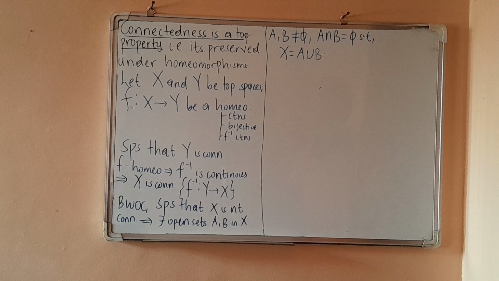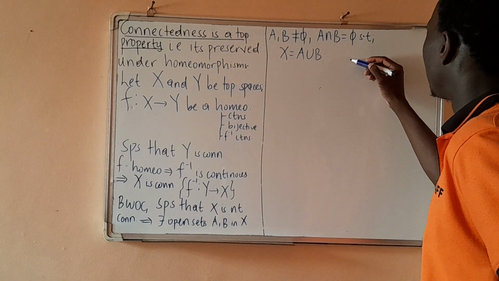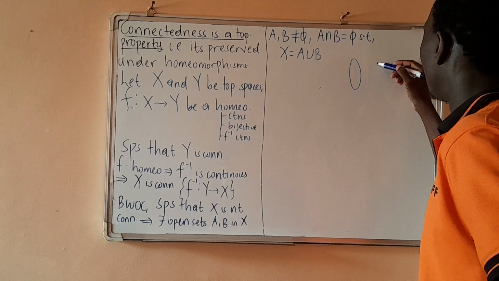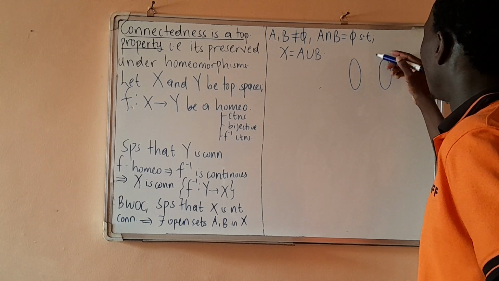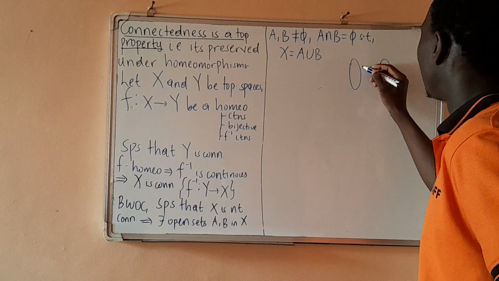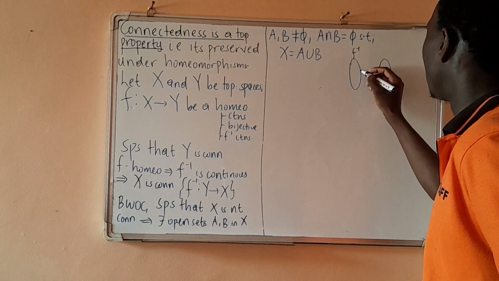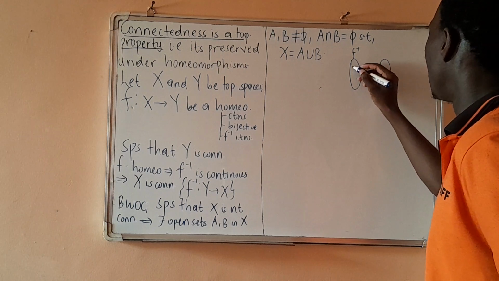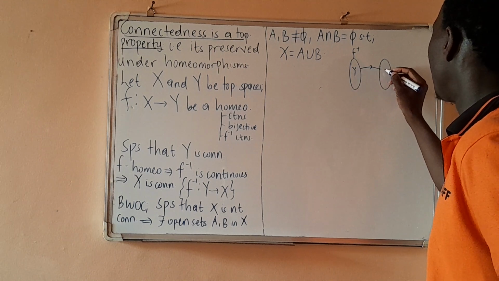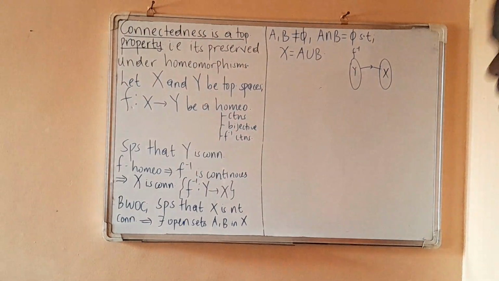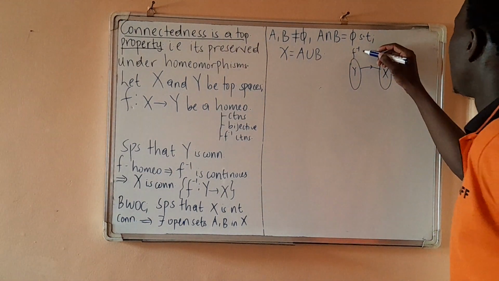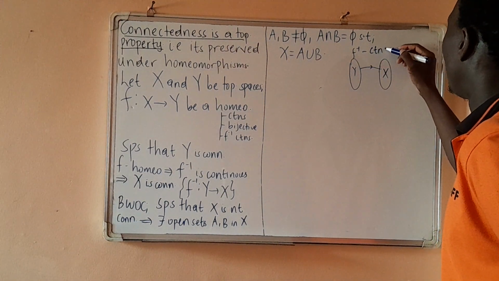Observe that this map, f inverse, taking Y to X, is a continuous map.